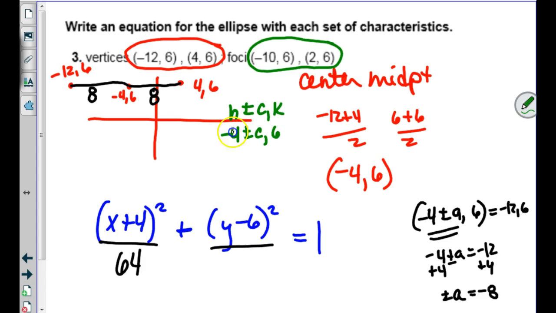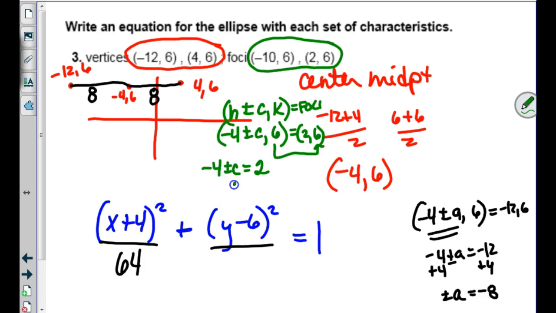And K is 6. So put what are those foci in there? Which one do you want to put in? This is the foci. So if I put in 2, 6, well, yep, the 6 stayed a 6, but negative 4 plus or minus C became a 2. Can you solve that?